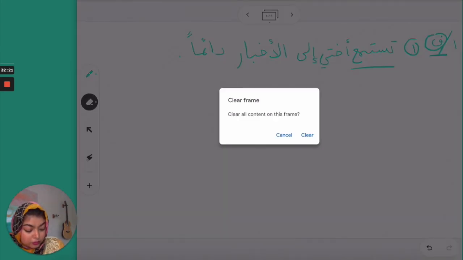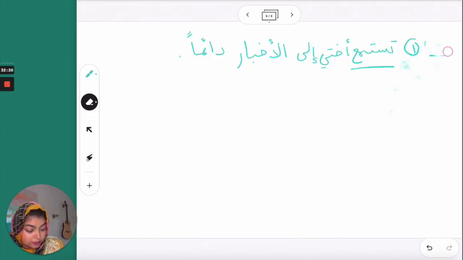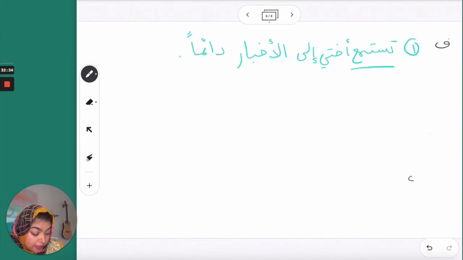So what you're going to do is write on the right side, okay, this is جملة فعلية. جملة فعلية, remember, has to have فعل and it has to have فاعل. Okay.